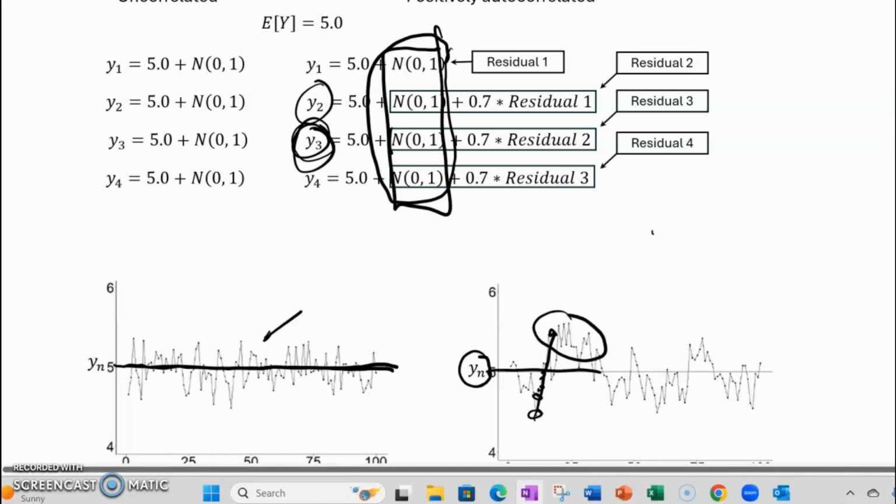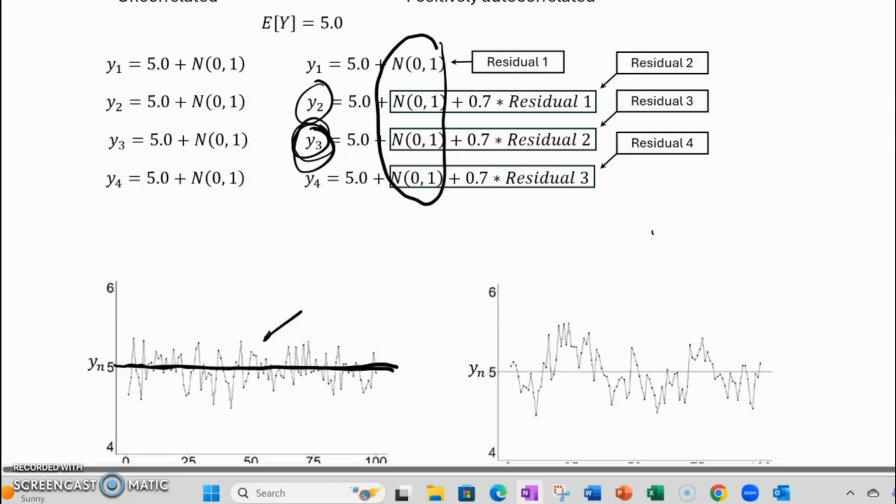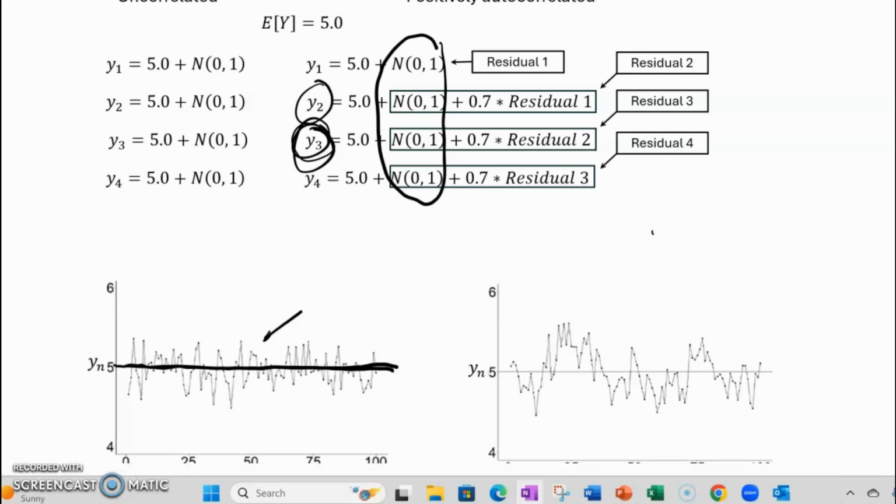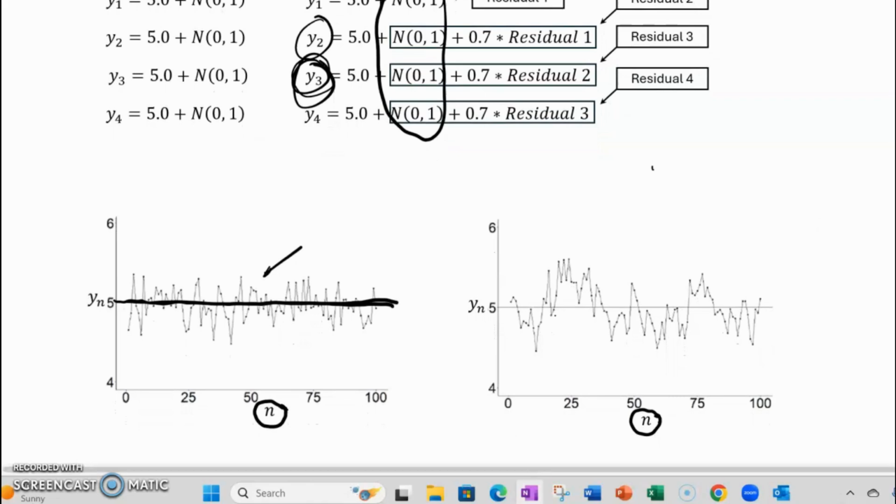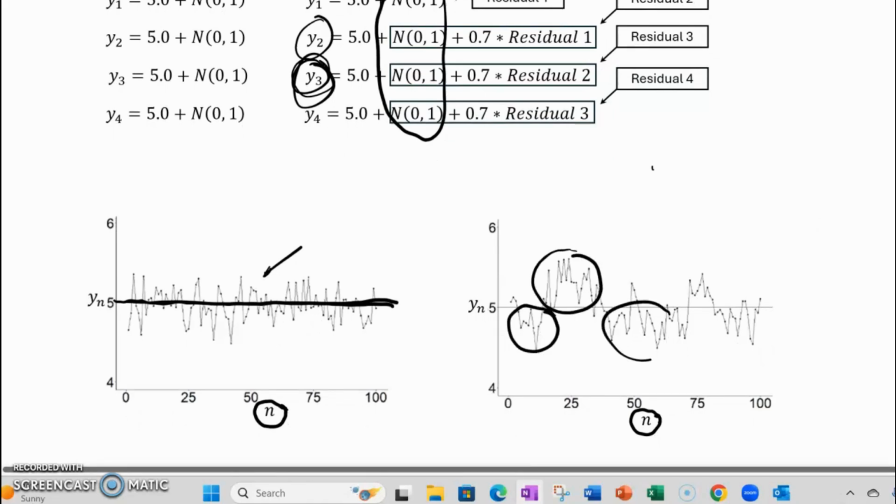It lingers there for a while until perhaps you get a sequence of these things that are less than 0, so the value of y drops below expectation. If we look at the overall pattern here, you can see that it's kind of these clusters: below, above, below, above, below. Another way to look at it is that it's kind of a wave pattern.